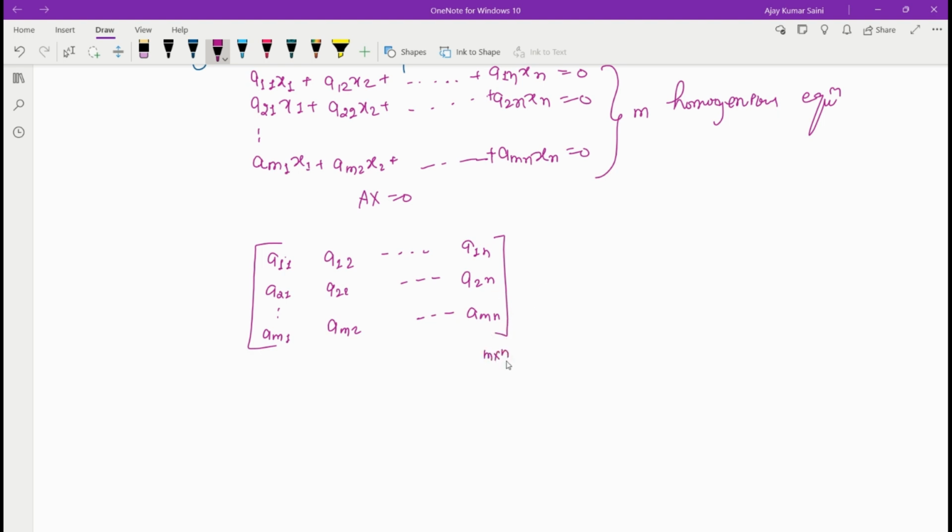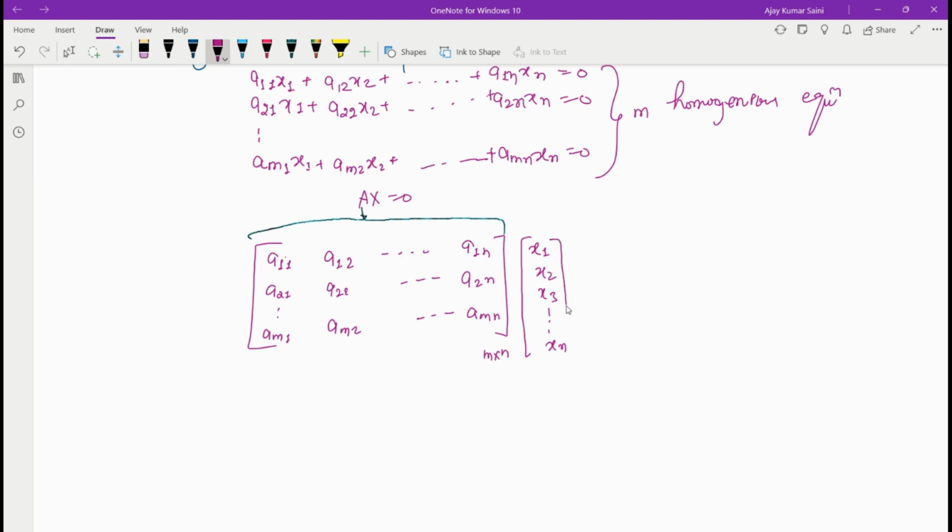This is A. Now I need to write x. It means multiplication, so I can write x1, x2, x3, dot dot dot, xn.